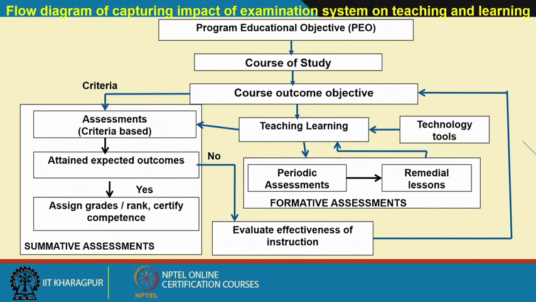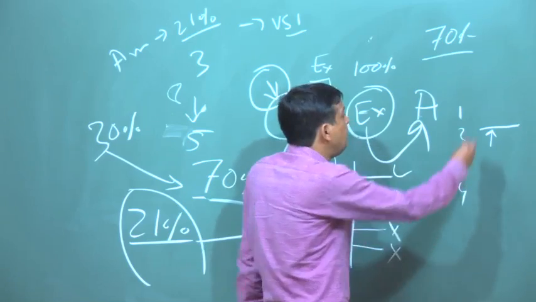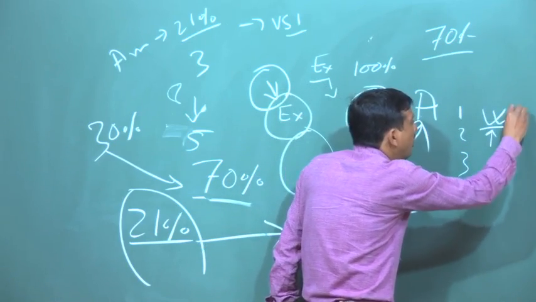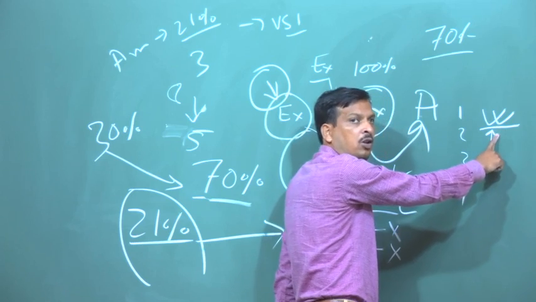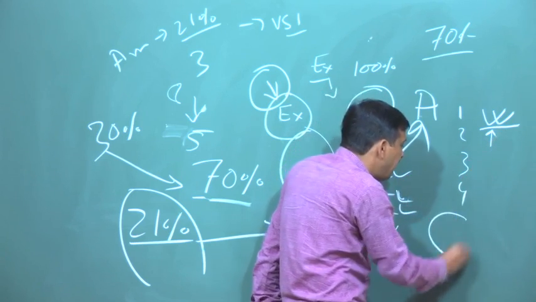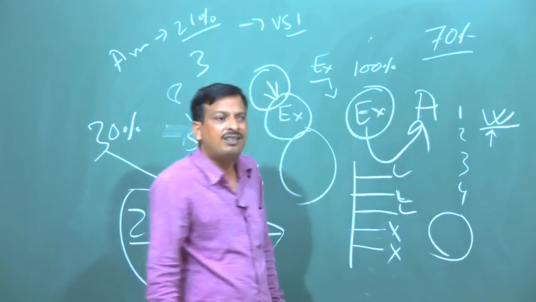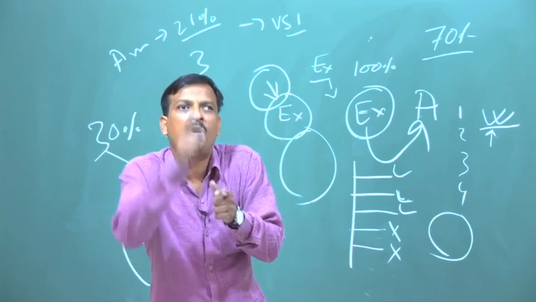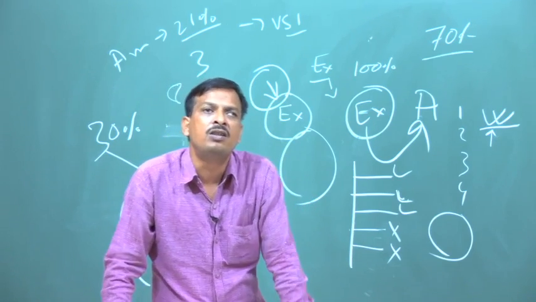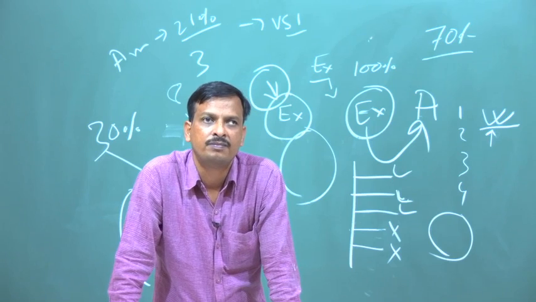The cause may be that the outcome which I set may not be achievable, so it is a non-achievable outcome, or the teaching learning process and instruction which I designed to attain this outcome is not correct.